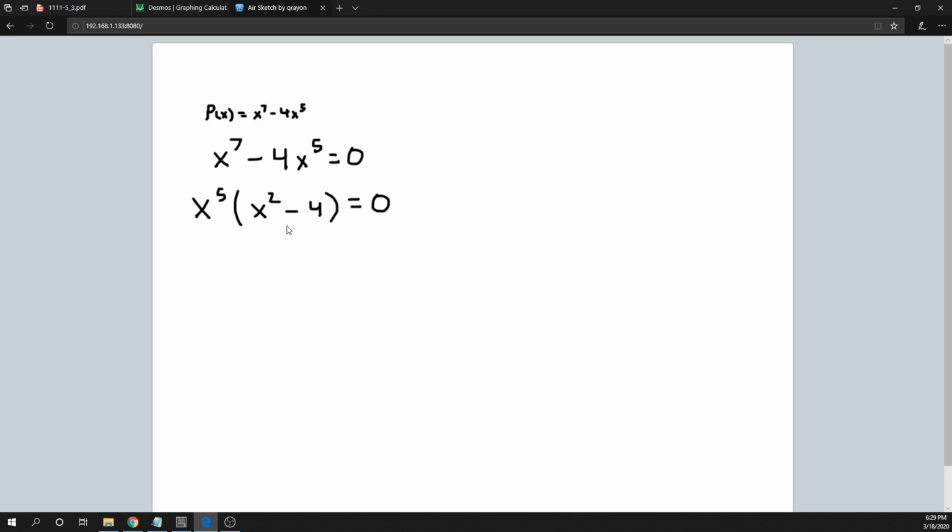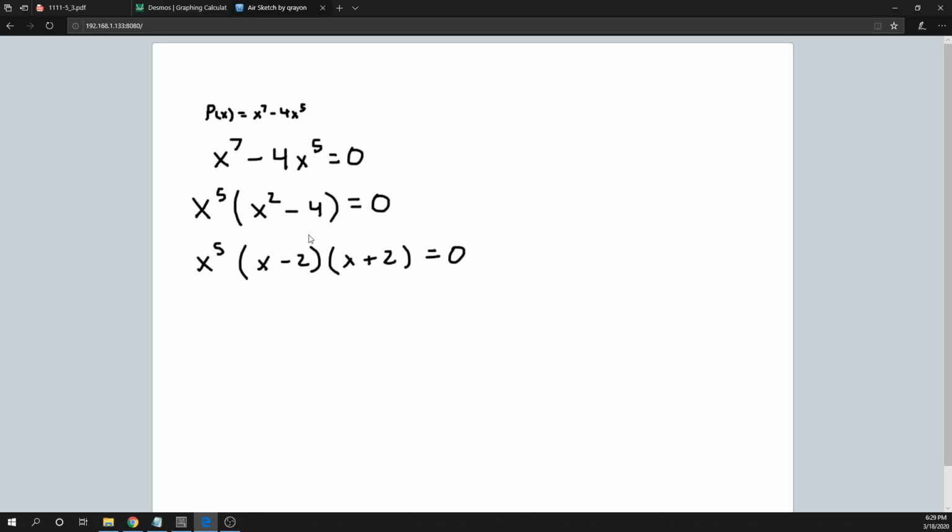Now I can factor that a little bit more. It's the difference of two squares, so I'm going to go ahead and do that. x squared minus 4 factors down to x minus 2 times x plus 2, equals 0.